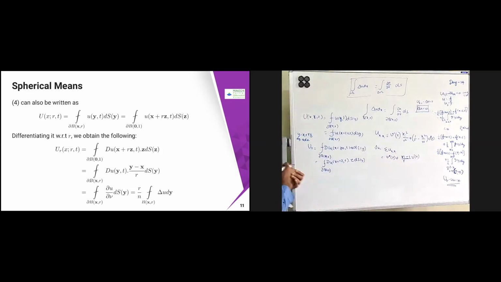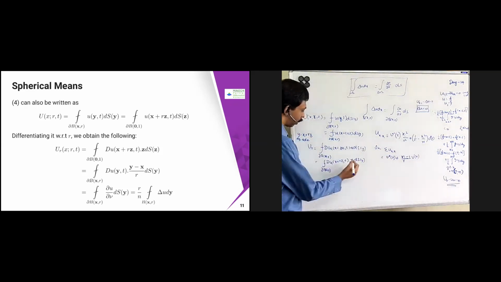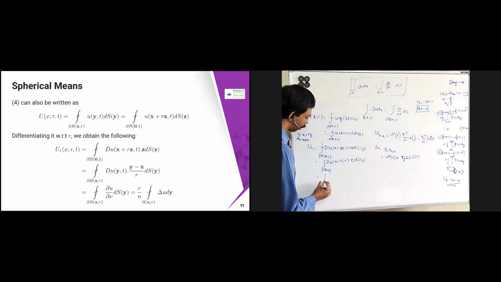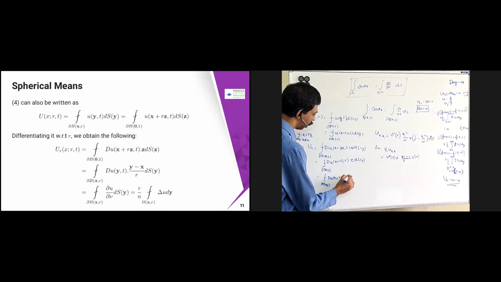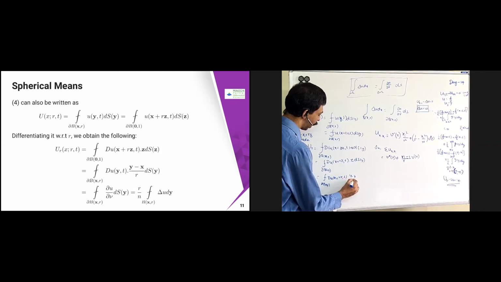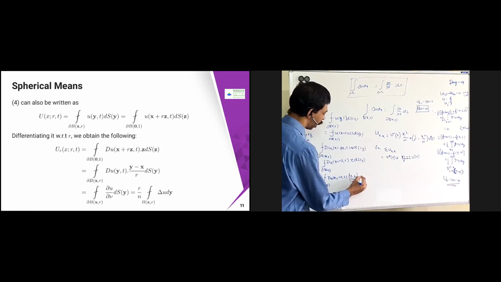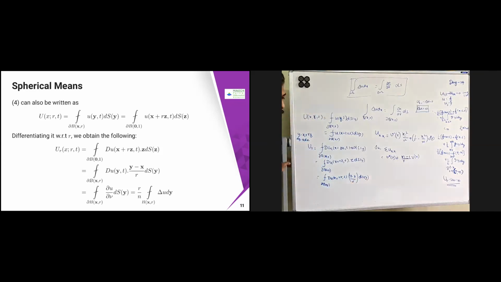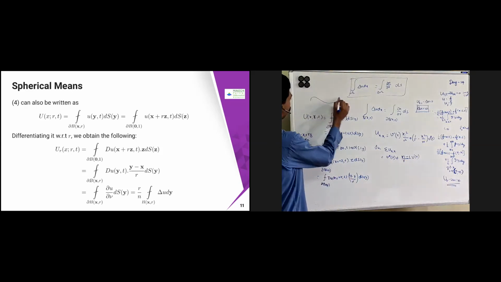Now what is z? I can write this as dou B of 0, 1, du of x plus r z, t into y minus x by r into dr plus comma 1. So this is nothing but y minus x comma r. What is y minus x by r?